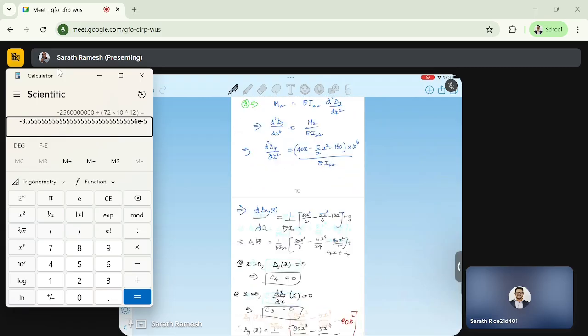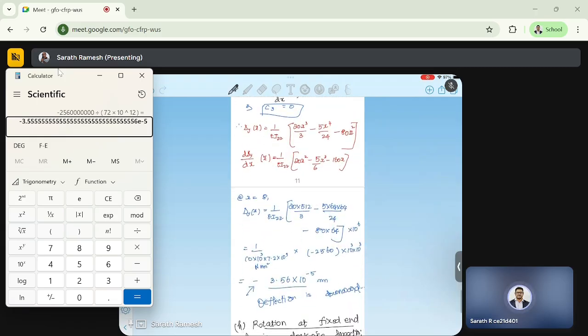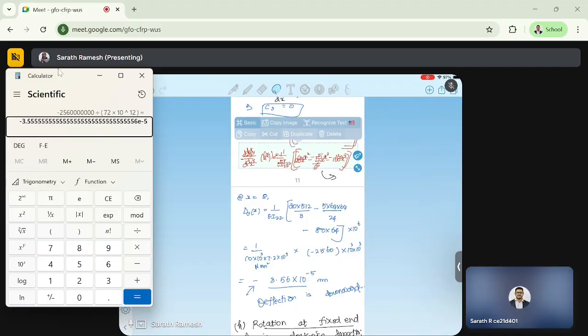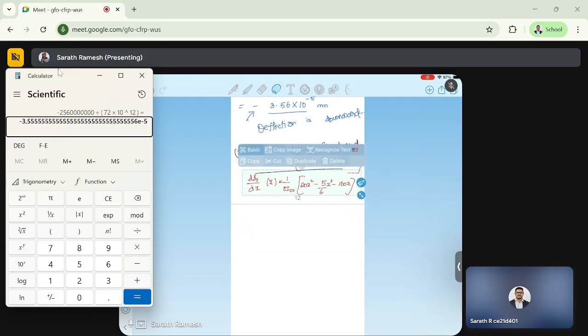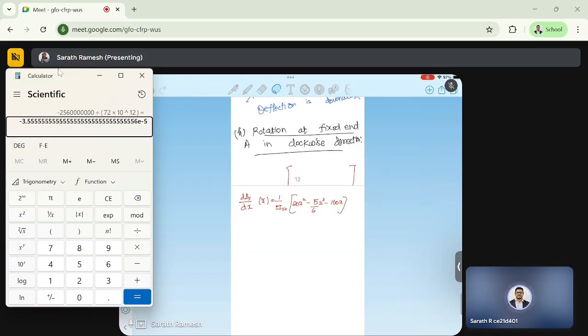Rotation is given by this equation here. I'll put a duplicate and copy it here. So this is my rotation.